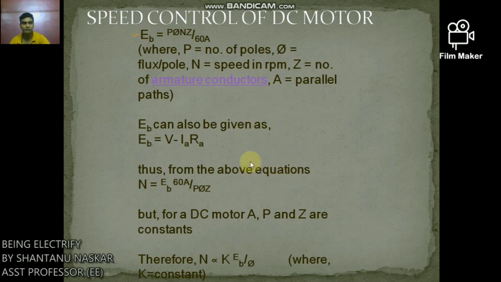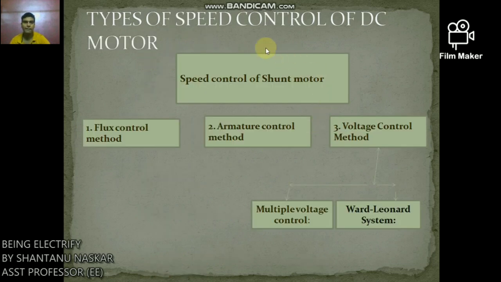Now, come to the speed control. What are the types of speed control of a DC motor? For speed control of a shunt motor, there are three methods: flux control method, armature control method, and voltage control method.